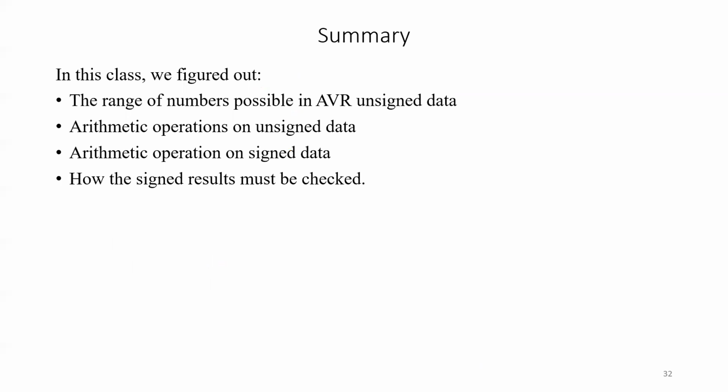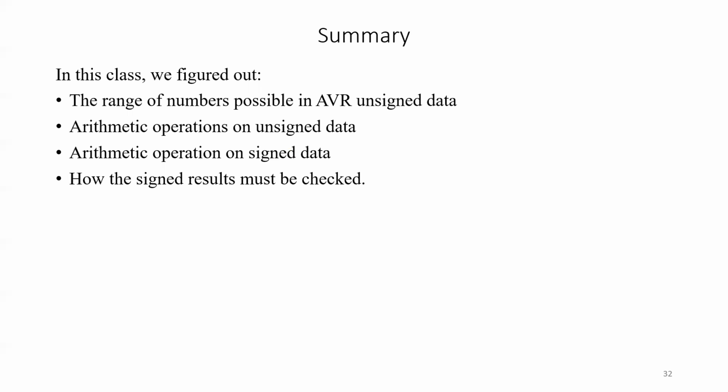Lastly, as a summary for the arithmetic operations, we learned together in this class and the previous class the range of AVR unsigned data and the arithmetic operations for unsigned data. We discussed addition, subtraction, multiplication, and division.